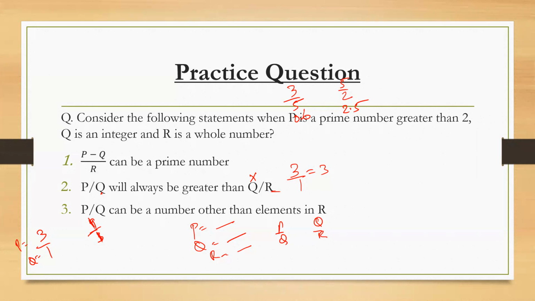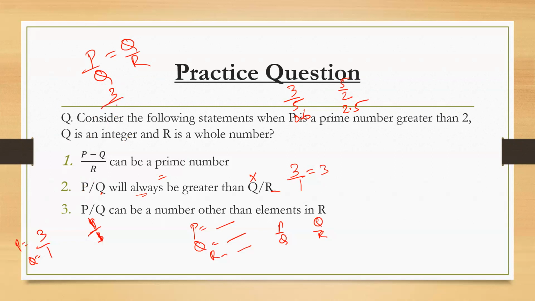Okay, so the values, you might get the correct answer also, but still, if the values are wrong, in the exam hall it might be problematic. Okay, this part is clear. One more aspect you can do is you can also show that they can be, let's say, equal. For example, if I can prove P by Q is equal to Q by R, right? So here also there will be the same thing. For example, if I take a prime number greater than 2, I take it as 3.